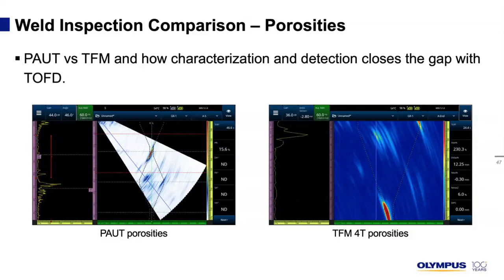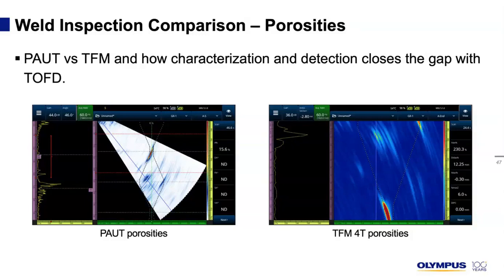Volumetric defects such as porosities. So why do volumetric defects such as porosities produce a weaker signal when compared to planar defects such as lack of fusions? Basically, there's no straight surface to produce a strong ultrasound reflection.